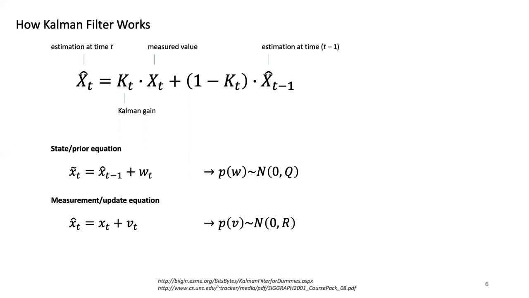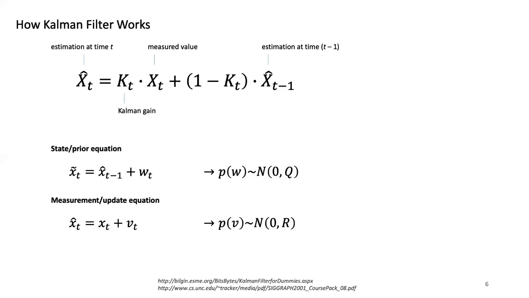And you can see there's an immediate advantage for this formulation, because all we really need is the current measurement at time t and the estimate from the previous time, t minus 1. We don't really have to worry about all of the prior measurements before time t minus 1.